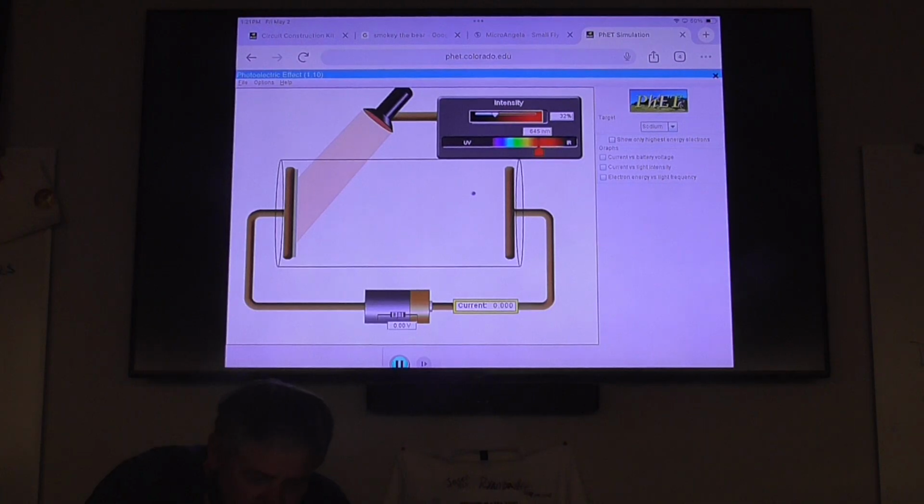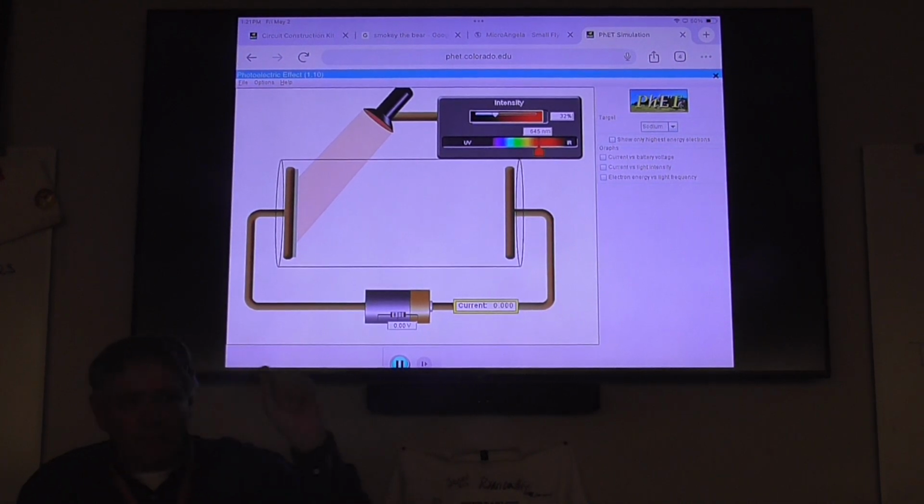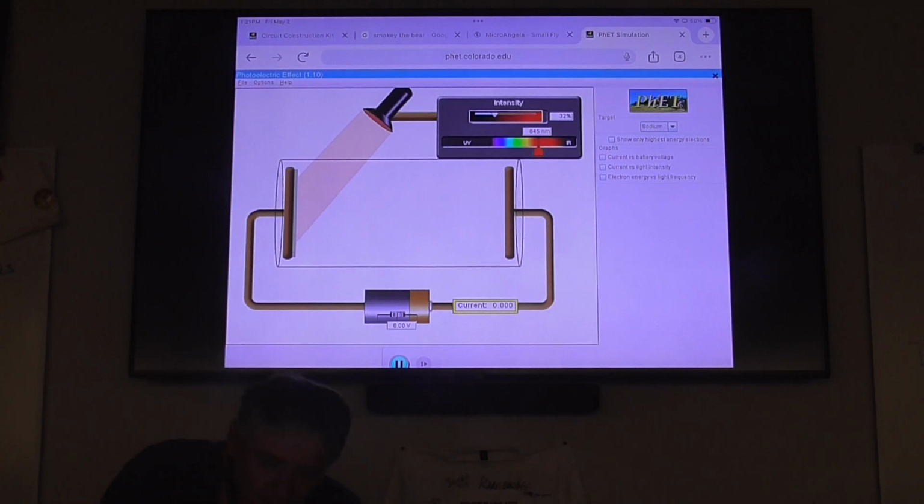The other option is that if you're doing this on your laptop or Chromebook, you can actually type in a specific wavelength, like 550 nanometers or whatever you want. I can't because I don't have a keyboard with this. So you can change that.